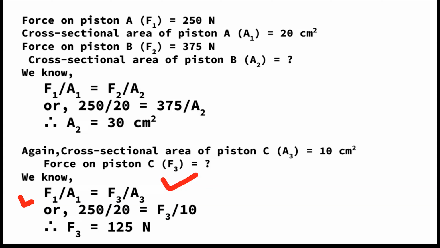A3 is given, right? That is 10 centimeter square. The cross-sectional area of piston C is given.